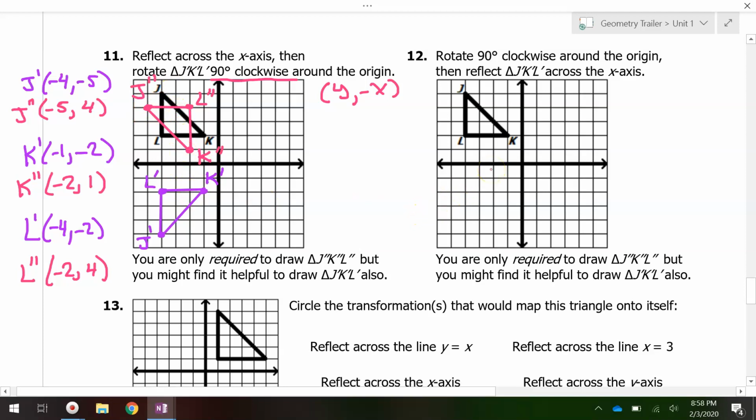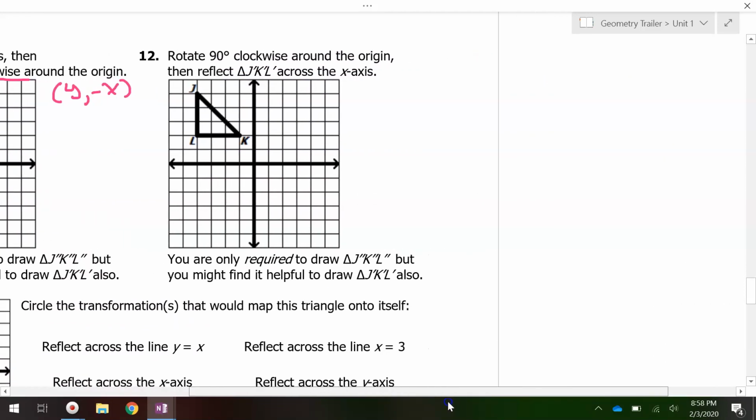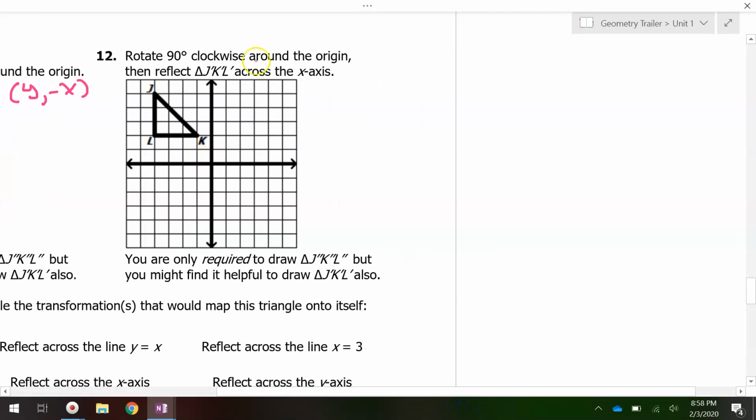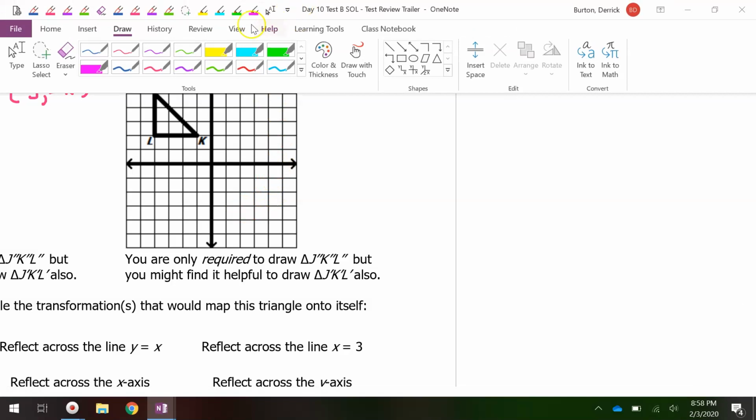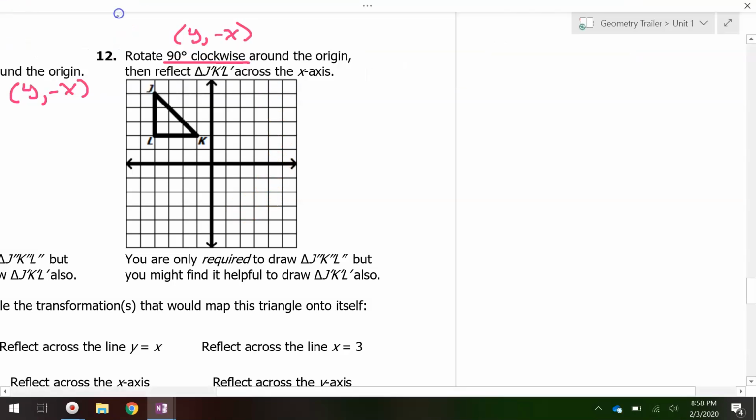So let's do that again with problem number 12. First we're going to rotate 90 degrees clockwise around the origin. All right, let me get over here. When I do 90 degrees clockwise, I use the rule. So the rule is y, opposite of x, like you just saw on problem number 11. Let's go ahead and write down the original coordinates.